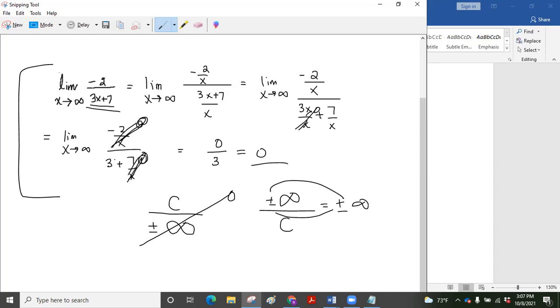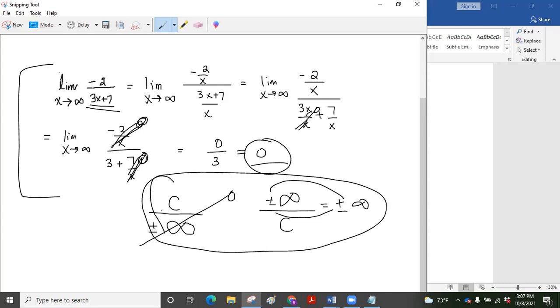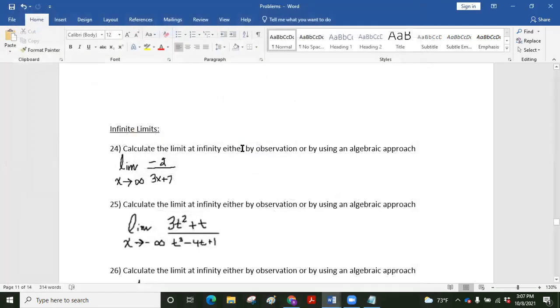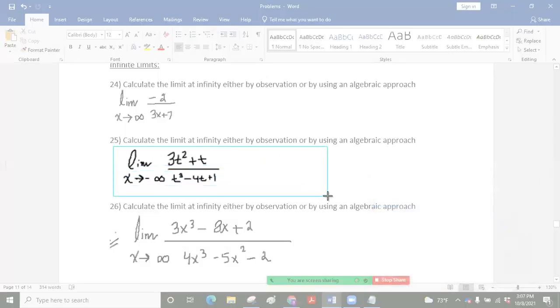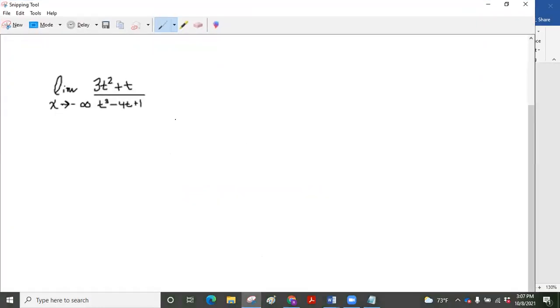That means we're left with 0 over 3 plus 0, which is 0 over 3, which goes to 0. But you could have determined it a little more logically as well. In the denominator, if we plug in increasingly large numbers, it's going to get really, really small. So you could have looked at it that way. And then we'll look at this one as well, similar to that.